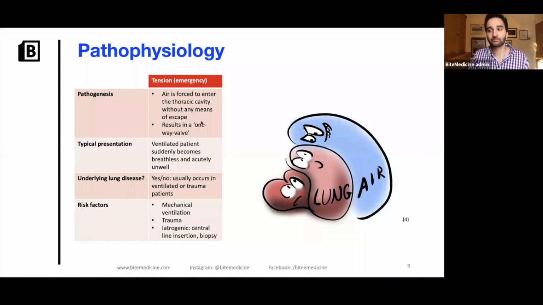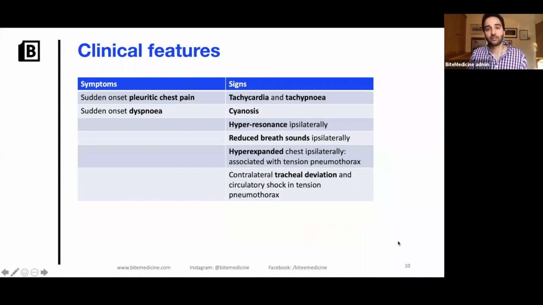Okay, great, fantastic. So some clinical features, like we were saying before, really basic, straightforward stuff. So pleuritic chest pain, sudden onset shortness of breath. Normally presents exactly like this guy did in our case: tachycardic, tachypnoeic, you can be cyanosed, you get hyperresonance and reduced breath sounds on the side of the pneumothorax.